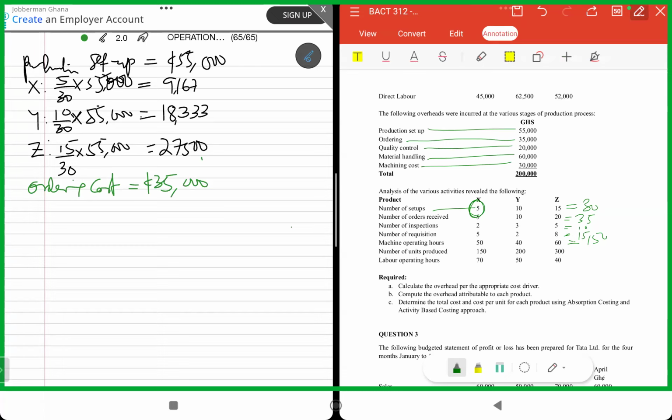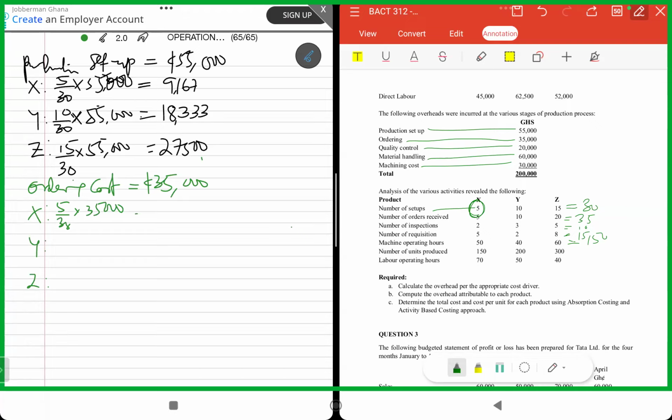Okay. We have X, we have Y, we have Z. Pearl, the first one, what do we do? We do 5 for X. It is 5 over the total, which was 35. 5 over 35 times 35,000. Good.